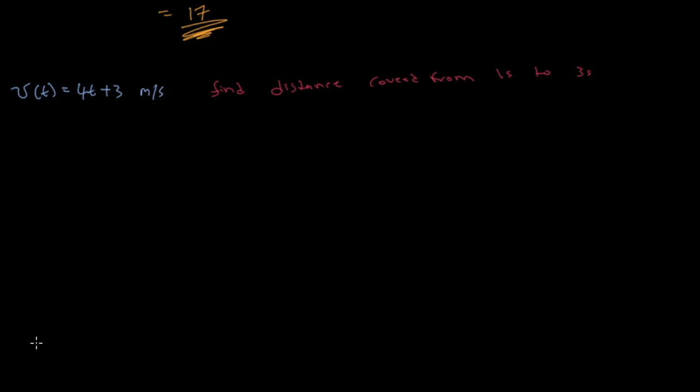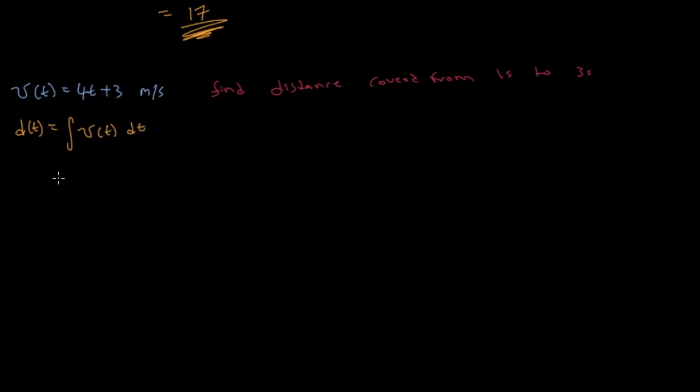Okay, so we know that the distance of an object in motion is equal to the integral of its speed. So we would write the distance d(t) is equal to the integral of v(t) dt.